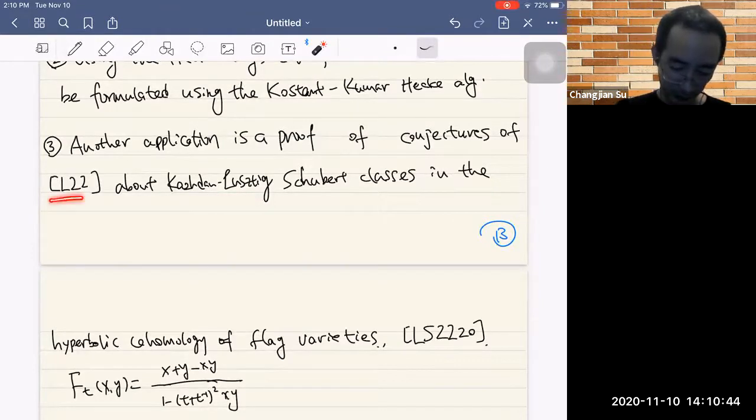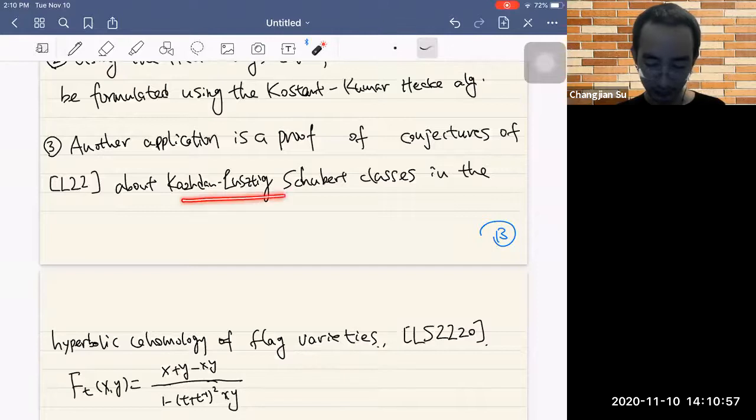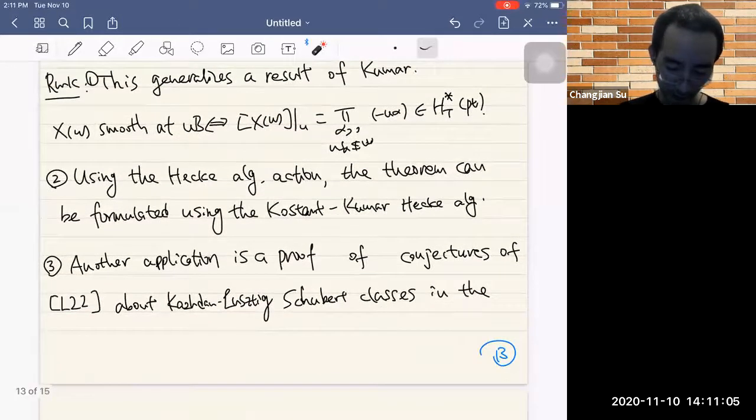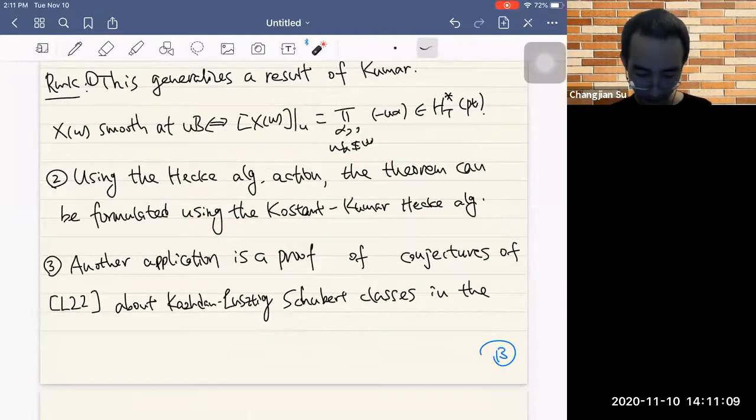My collaborators use this canonical basis to generate some classes, and they claim that these classes will coincide with the usual Schubert classes under some good conditions. Anyway, you can just use this reformulation to prove that.